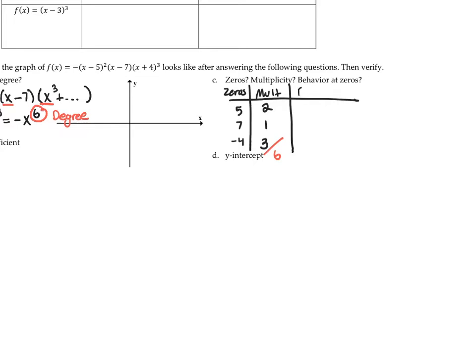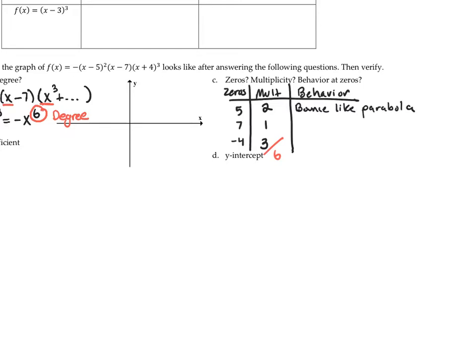Now the behavior at the root is just whether the polynomial bounces or crosses. So when you have multiplicity 2, you want to look at just that part. That looks like a quadratic piece, and so it's going to behave like a parabola. So it is going to bounce like a parabola.